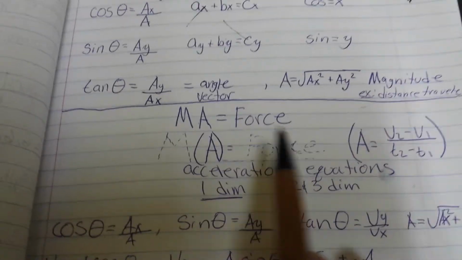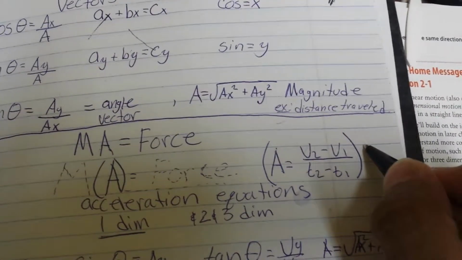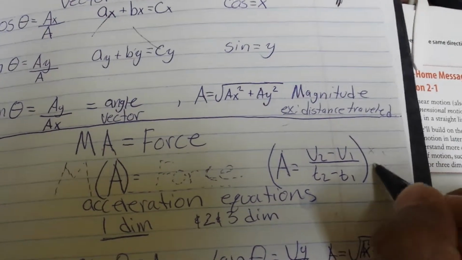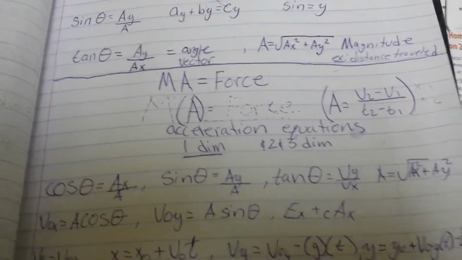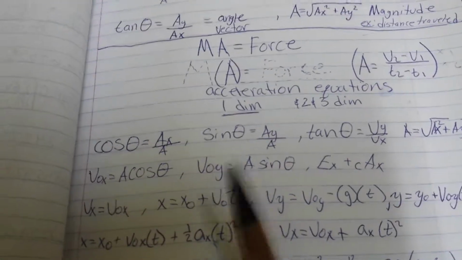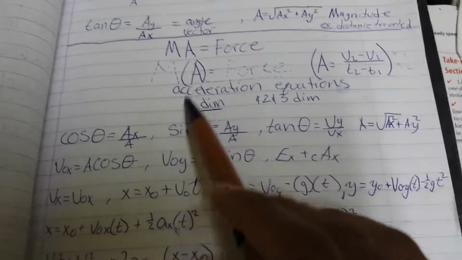The only thing that really matters is your acceleration, your velocity, your time, and the distances. So you get an x1 and an x2 or whatever. If you're going in the y direction, it's y1, y2. So these are all equations for your acceleration.